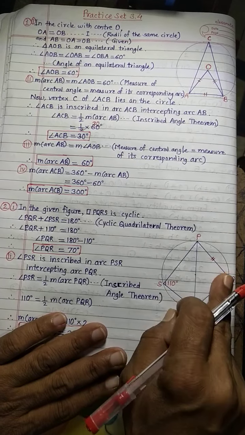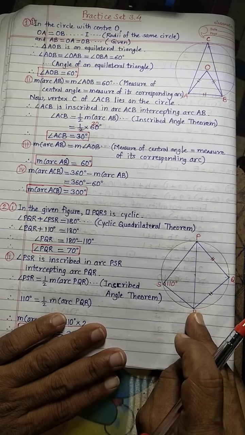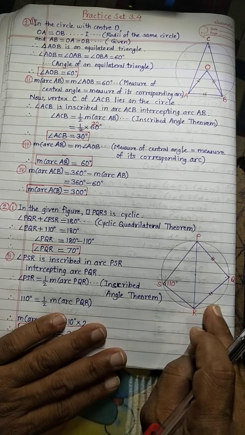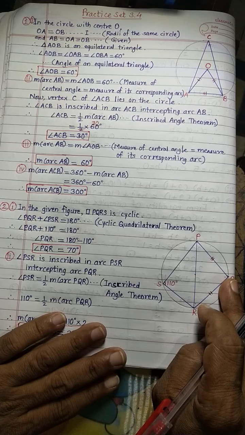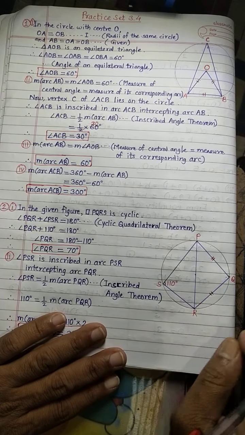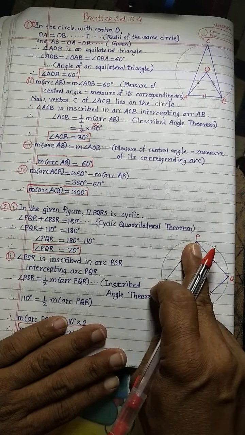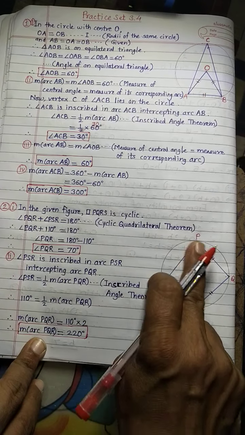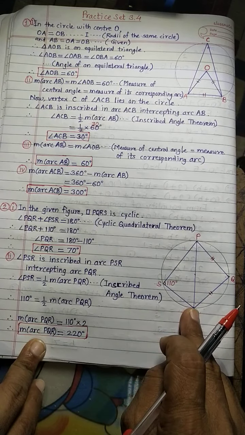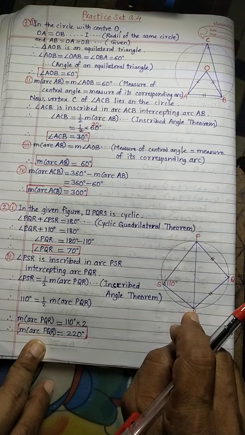So arc PQ is congruent to arc RQ, and here the measure of arc PQR is equal to 220.